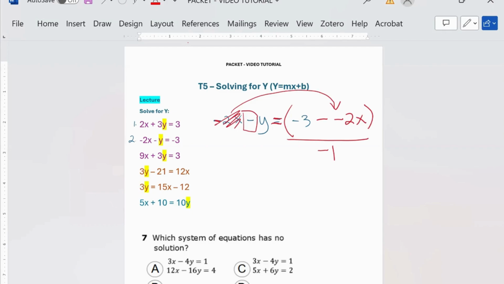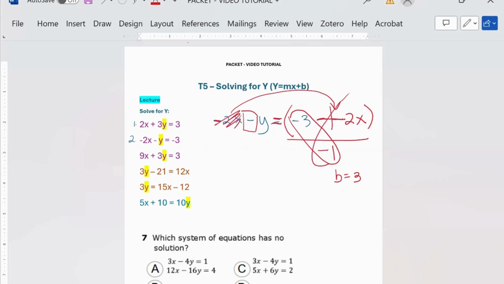Now, before I start everything, I need to identify first, well, this is my y-intercept, which is my b. So negative 3 divided by negative 1 is positive 3. And then my slope. If you notice, I have two signs here, negative and negative. So this turns to a positive.